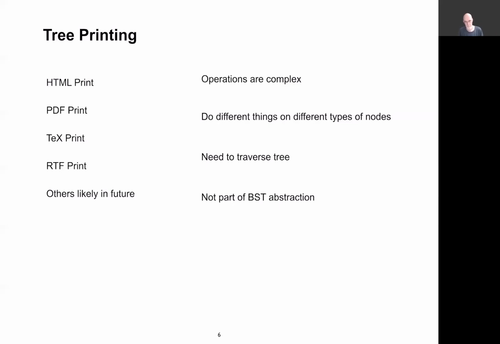Do we really want to display this tree in PDF or in LaTeX inside a binary search tree implementation? Probably not, because that's not part of the abstraction, for one. Secondly, it's going to be very complicated, right?